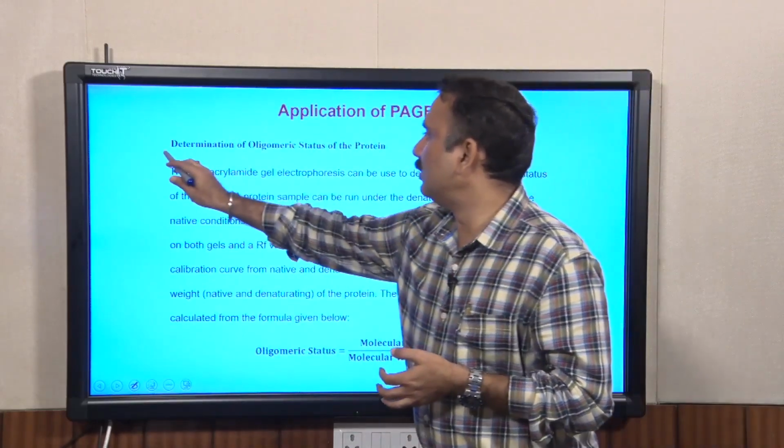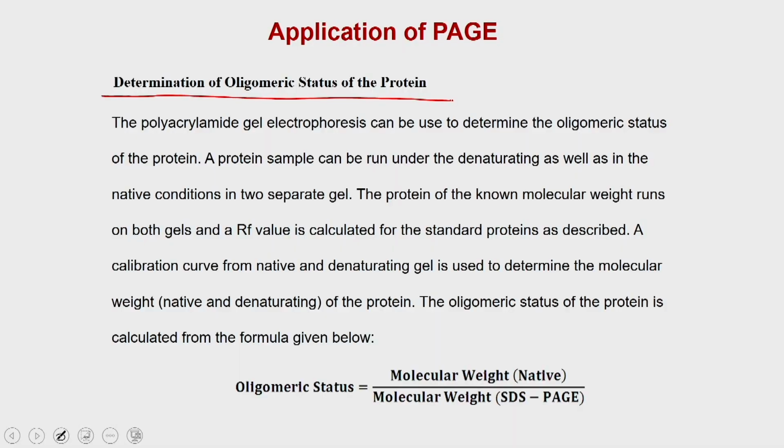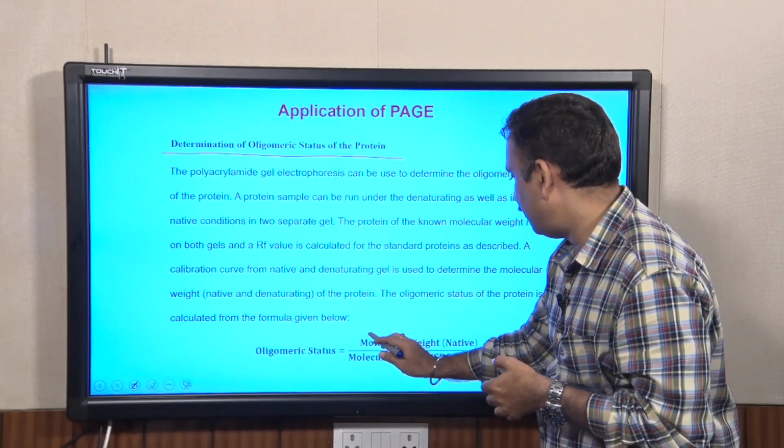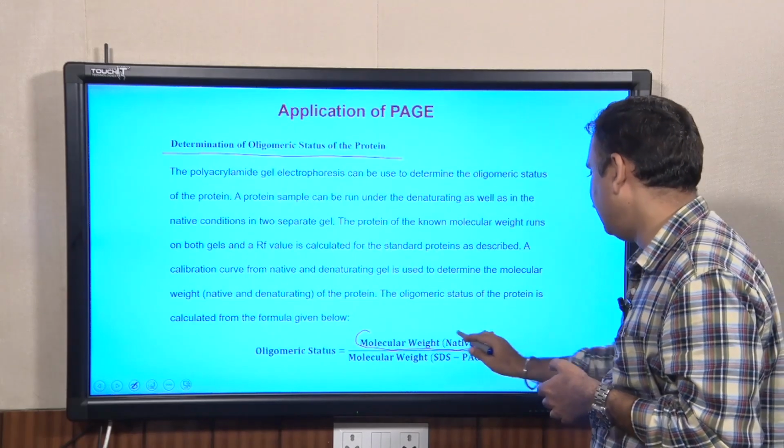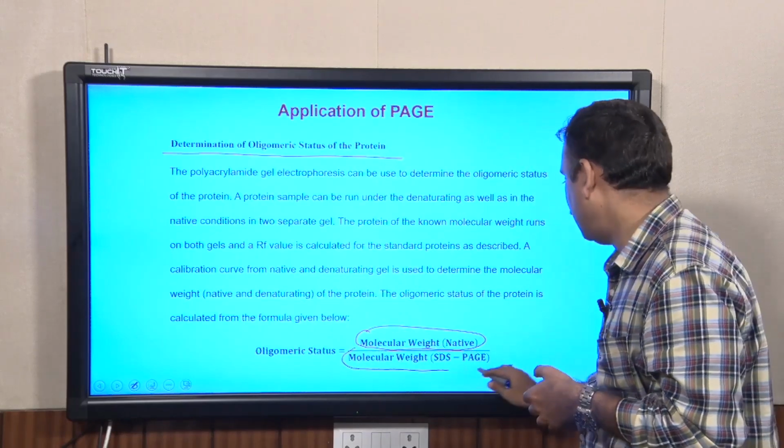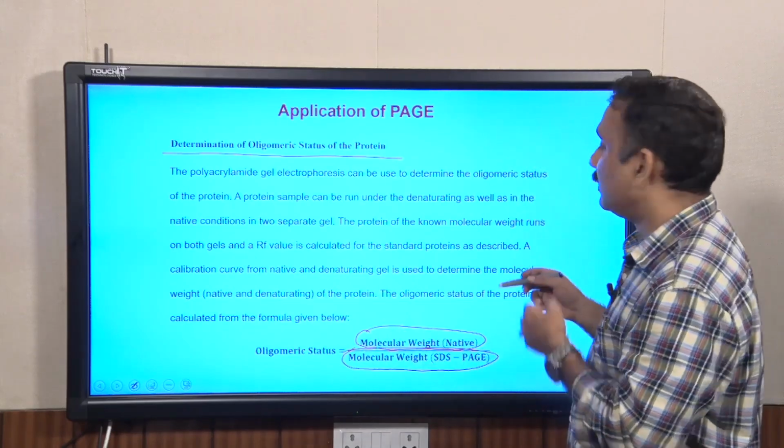And then we discussed some of the classical examples of how you can use the SDS page. By running a protein on a native page versus the SDS page, you can even calculate the oligomeric status of the protein. The oligomeric status is equal to the molecular weight you calculate from the native conditions divided by the molecular weight you get from the SDS page.